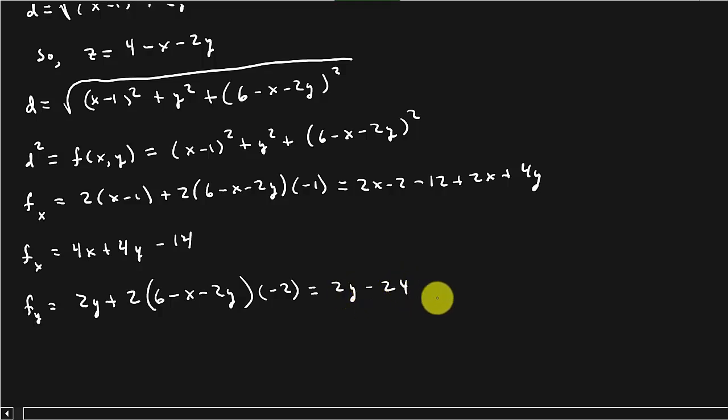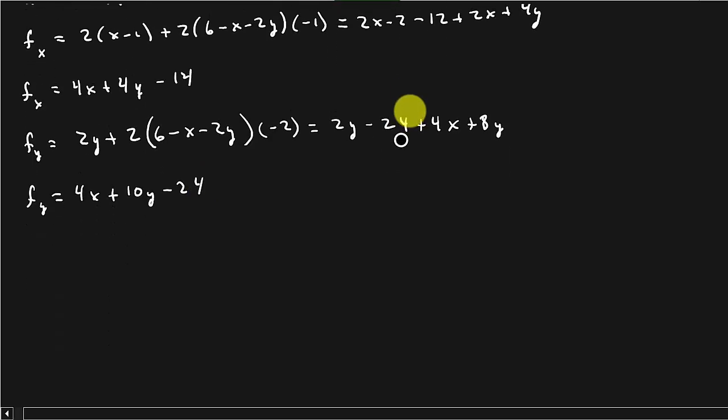Is that going to be minus 24 plus 4x plus 8y. I hope I got that right. I did it in my head, so I could miss something. So that's going to be 4x plus 10y minus 24. All right, so I think I got that. So there's our first partials.